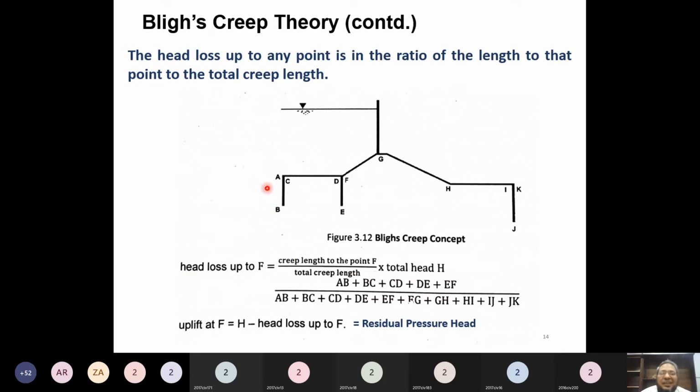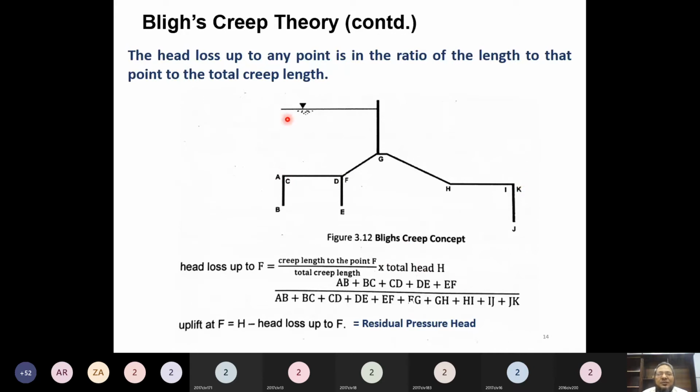Now, how the water will creep according to creep theory, and how we can compute head loss at any point. What would be the head loss at any point? The creep length up to that point divided by the total creep length into the total head.